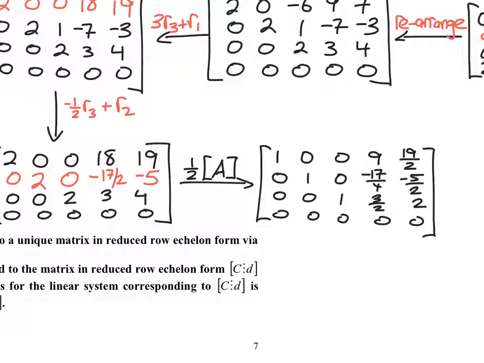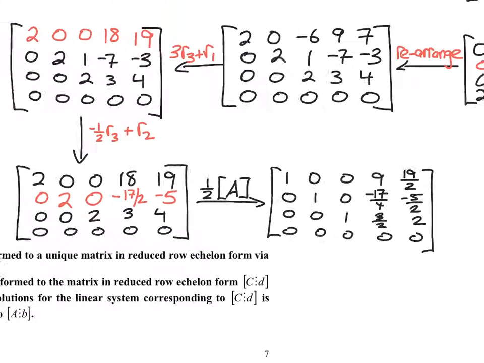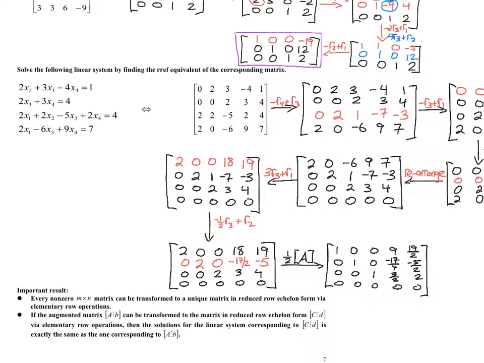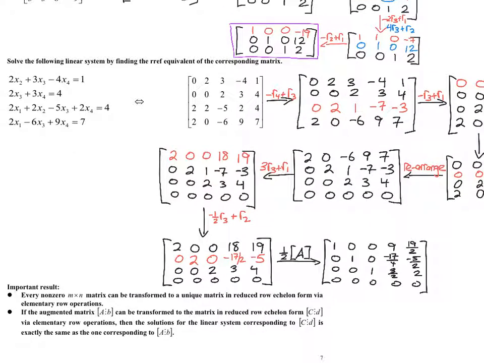So that's the next part of the fun. We're going to go back to the structure of the original problem, which was talking about the coefficient matrix associated with x1, x2, x3, x4, and then your solution vector, which was the 1, 4, 4, and 7.